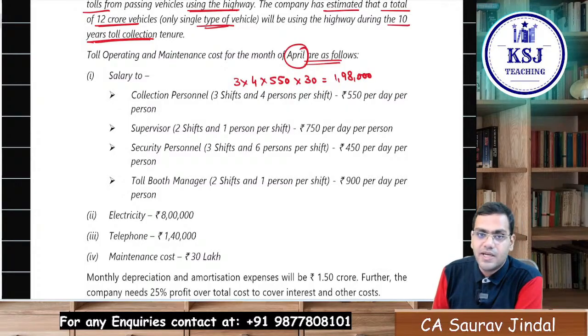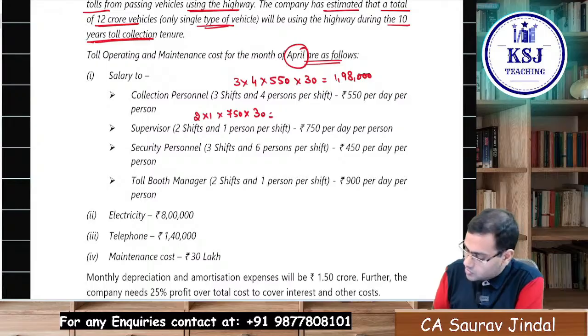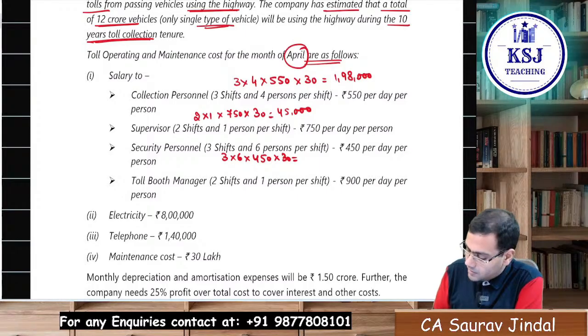Then supervisor, 2 shifts, 1 person per shift, 750 per day per person multiplied by 30. So that will be 45,000. Security personnel, that is 3 shifts, 6 persons per shift, 450 per day per person multiplied by 30.